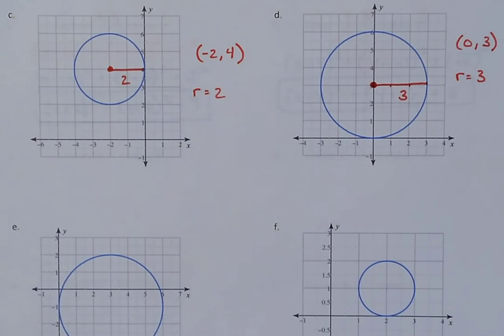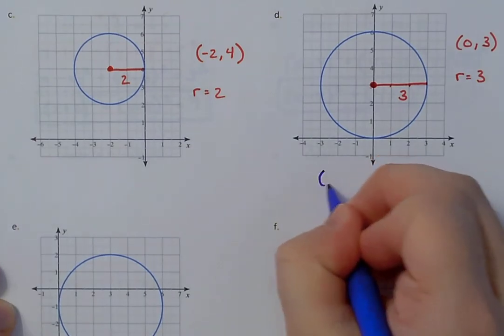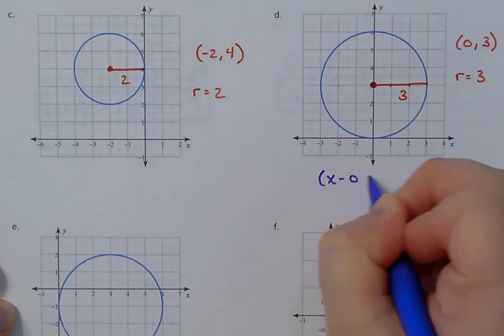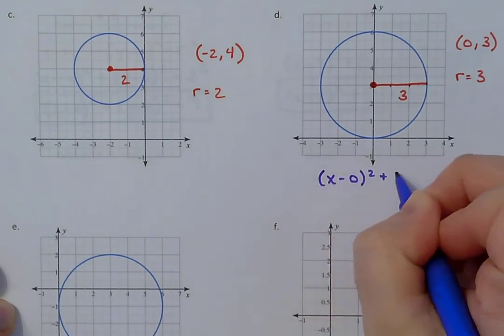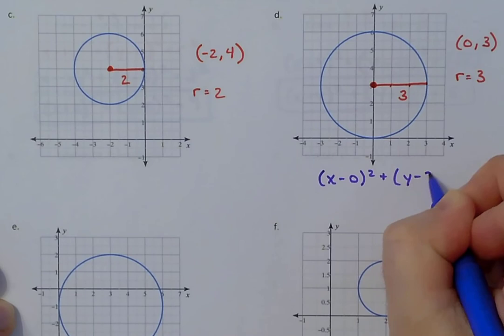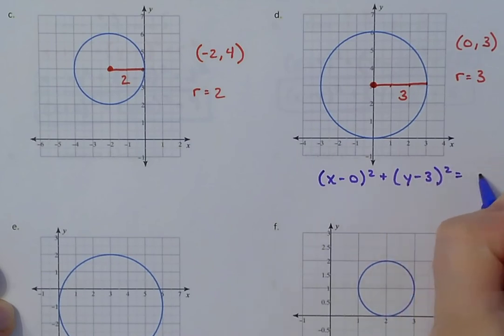So our center of the circle is at (0, 3), and the radius for this one is 3. Now, one thing to note for this equation, because it is a 0, it would be (x − 0)² + (y − 3)² = 9.